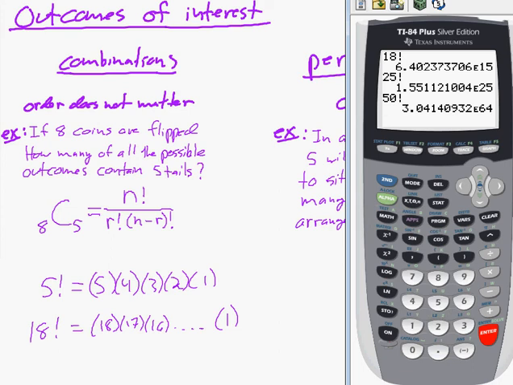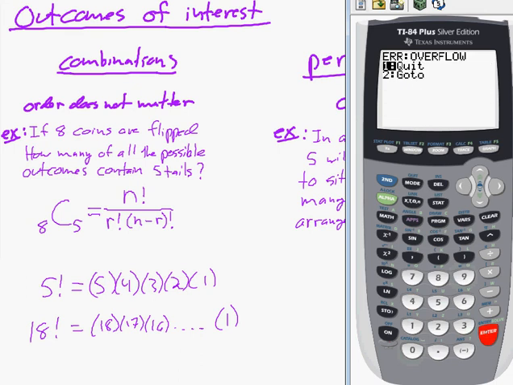I think it was under 100. Yep. You get an overflow error. So you can kind of play around with it for a little while, and you can see where that overflow breakpoint is. But certainly 90 is overflow, and I think it's 70 or 80, somewhere around there. That's how you do factorial.